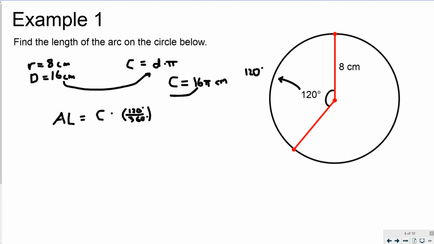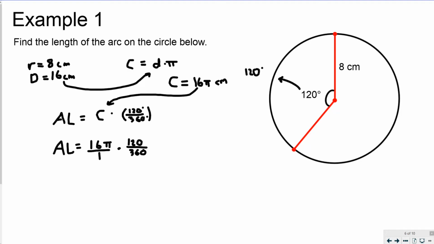So I'm going to take the circumference now and plug it into the arc length equation. The arc length is equal to 16 pi over 1, and I'm doing the over 1 because I am multiplying by a fraction, 120 over 360. So I take 16 and multiply it by 120.